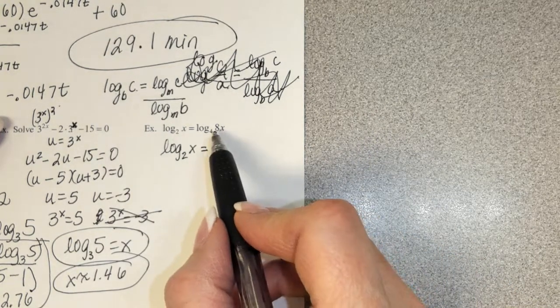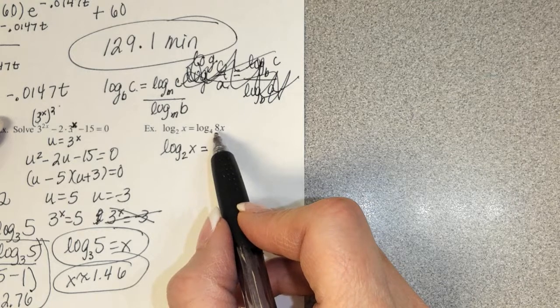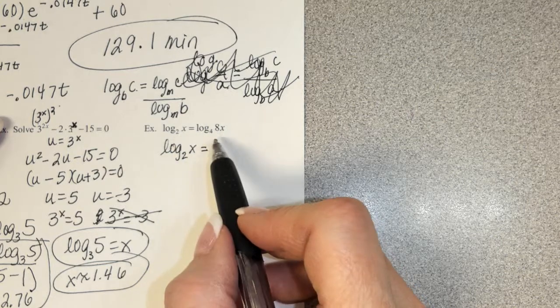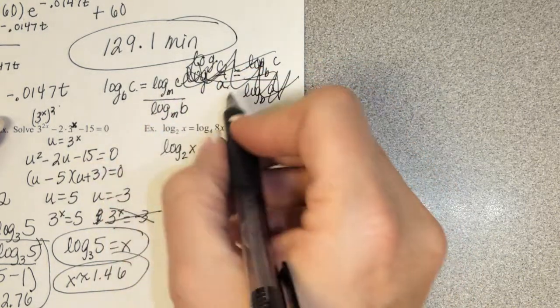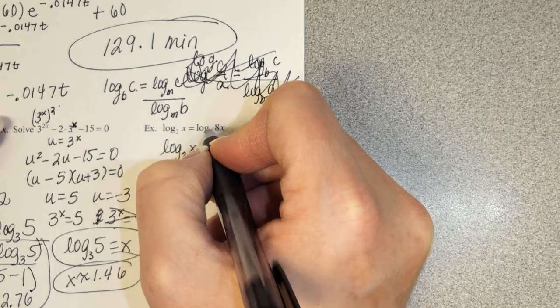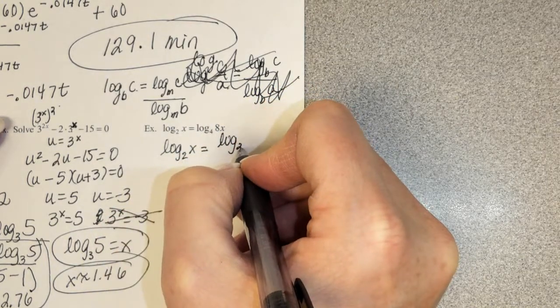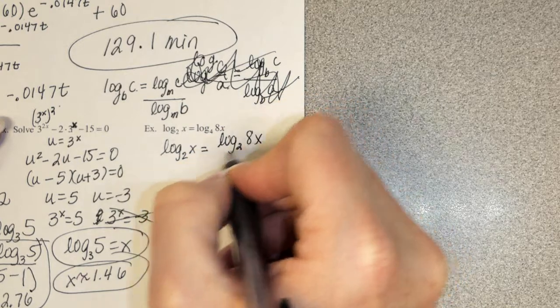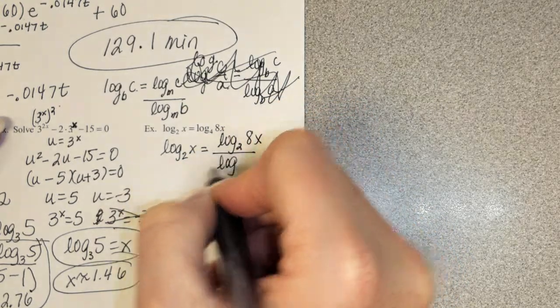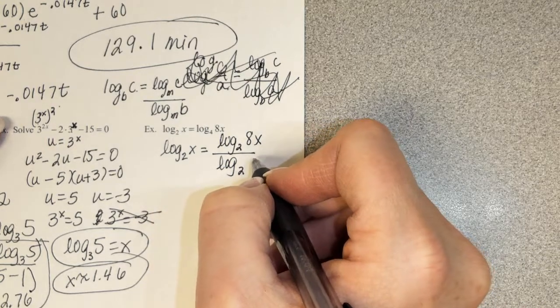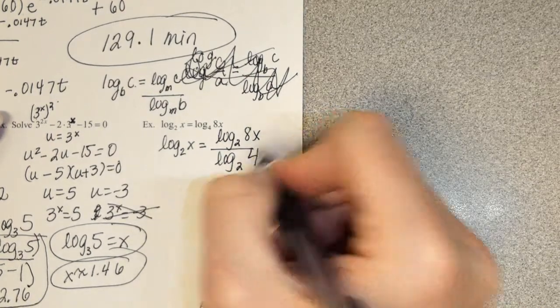So what base do I want this to have? What base does the other side have? 2. So I want this to have a base of 2. So I would have to rewrite it. Here's my c, here's my b. So log base 2 of 8x over log, what base do we have to use, the same as that? 2 of what? 4.